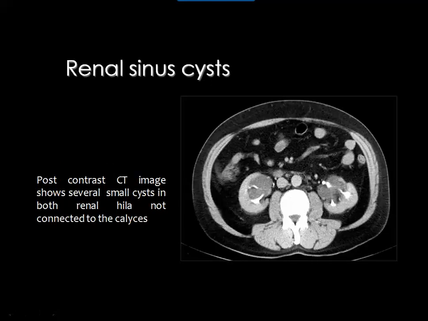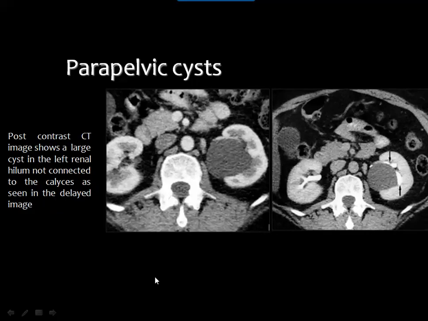The renal sinus cysts are different from the previously mentioned cysts, and they are usually located at the renal hilum, displacing the calyces. These cysts may be unilateral or bilateral, but they are better evaluated in the excretory phase when you are able to see the pelvis and the calyces.